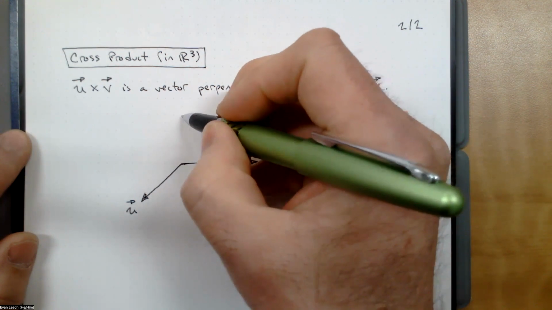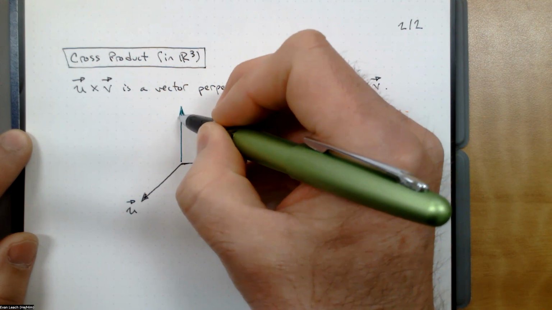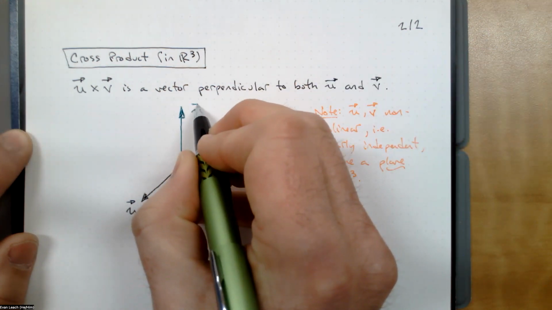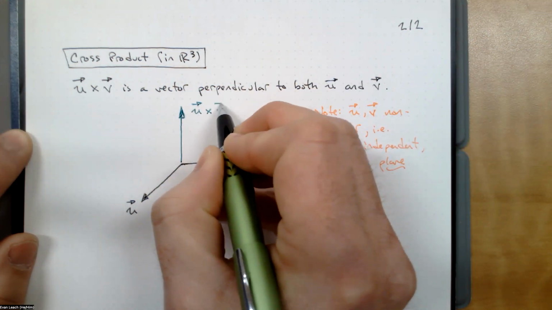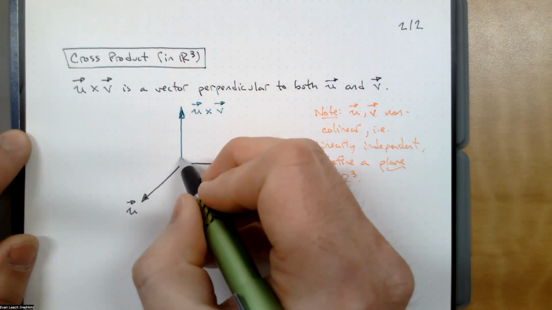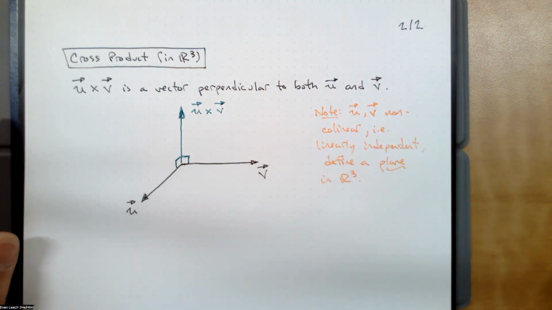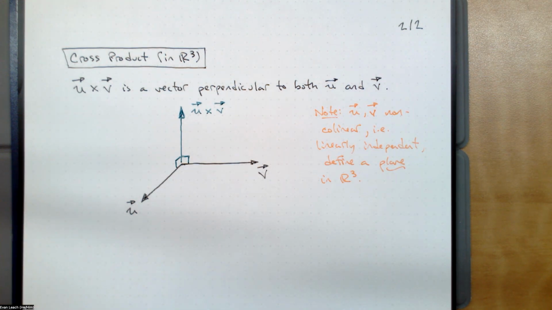Green will be up now. So U cross V will point this way. U cross V will be perpendicular to U and perpendicular to V. We're using the right-hand rule. Fingers go towards the first one, you curl the short way towards the second one.